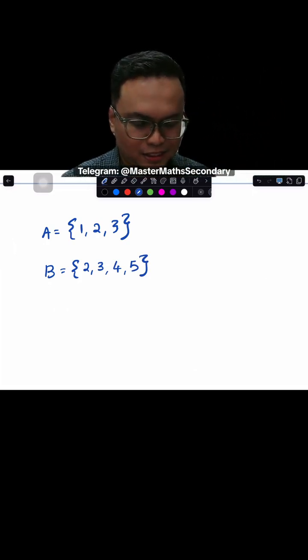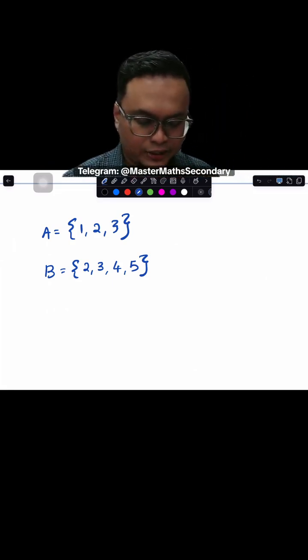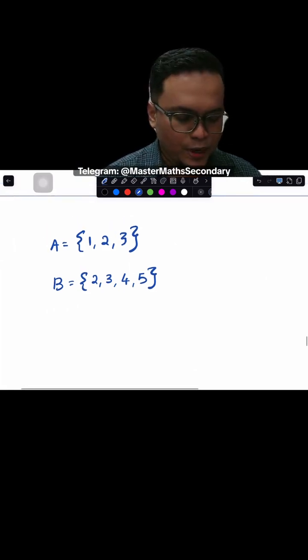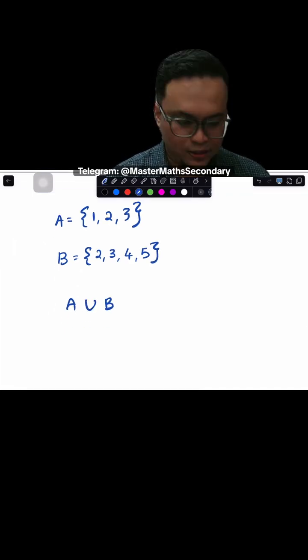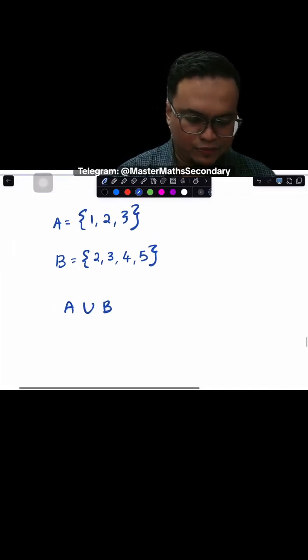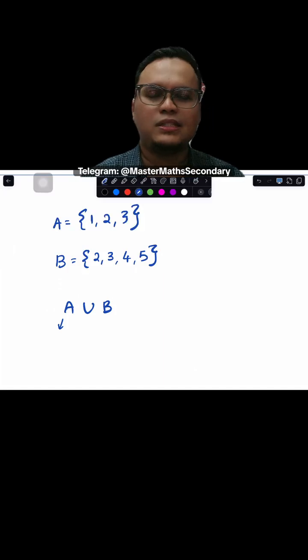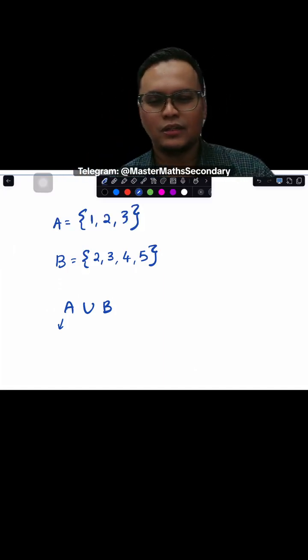Now let's say you have two sets here, set A and set B. A contains elements 1, 2, 3. B contains elements 2, 3, 4, and 5. Now when you are looking at A union B, as I was sharing in the live stream just now, I will normally translate this into simple English, because set notation is actually math language.